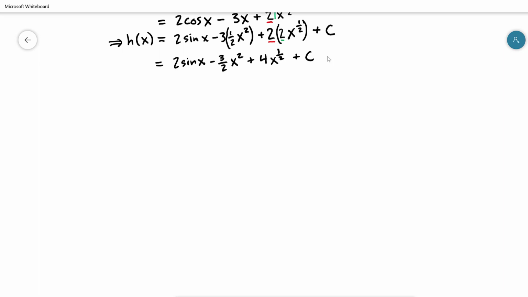This same idea is going to apply when we solve differential equations. I'm not going to focus on that here, but let me just write that down. The same process will apply when solving differential equations.